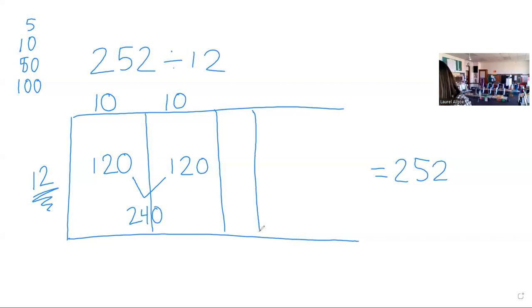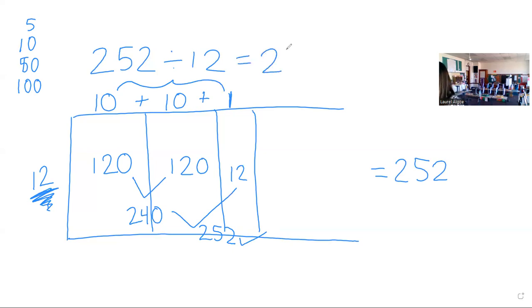And so if I need an area of 12 and my dimension is 12, I know that this is only one group of 12 to get me there. So now I'm at my 252 square feet and I can take my dimension up here, put it all together to see that this other dimension would be 21 feet long.